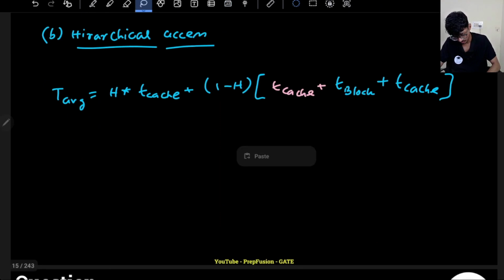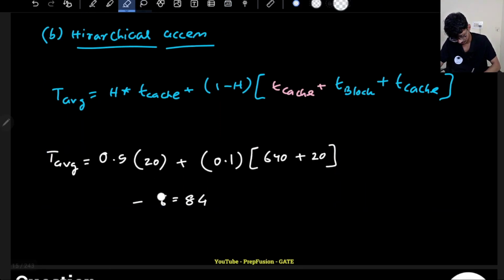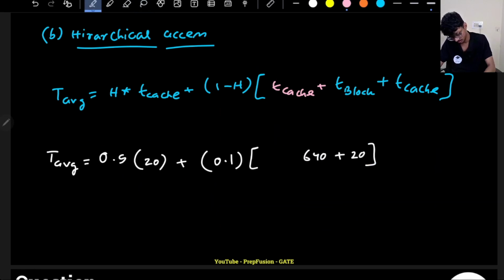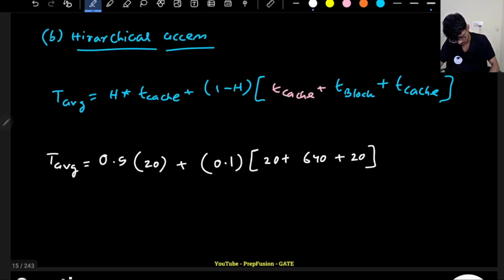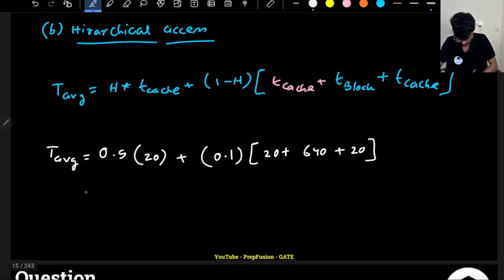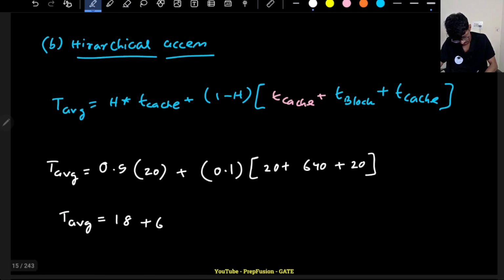Whatever is here is the same, except for just one difference. What will be the difference? Here I will have an extra additional 20 nanoseconds added. So T average will be equal to 18 nanoseconds plus this will be 680, so 68, so this will be 86 nanoseconds.